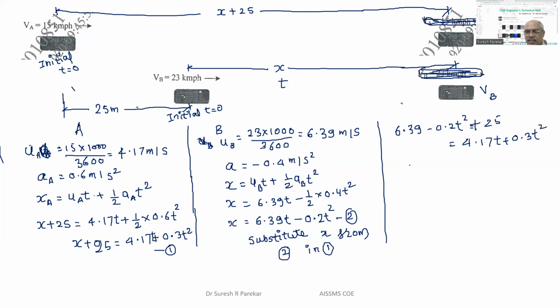Now you simplify this, you will get 0.5 T square.